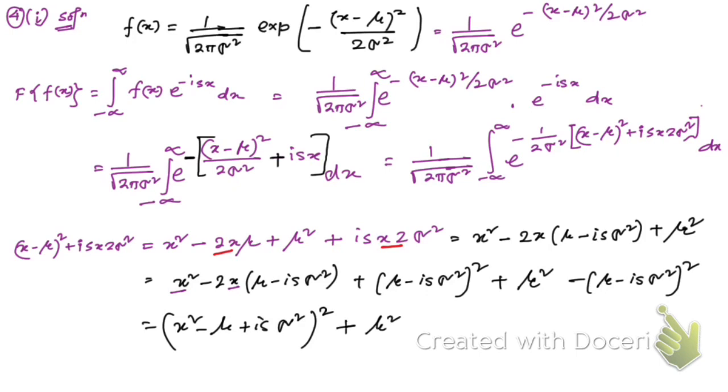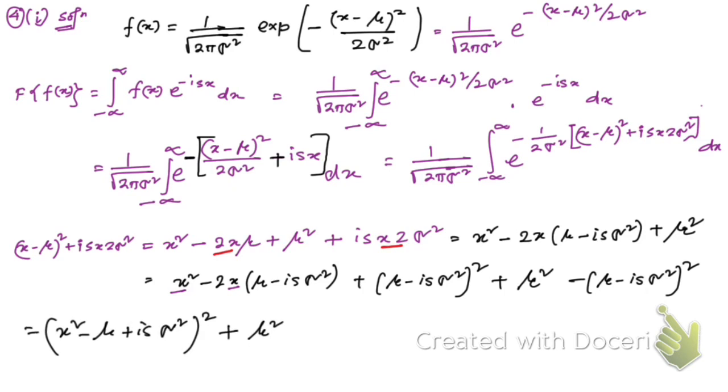mu square. Now again, if you square this one, applying the a minus b whole square formula, then what you're going to have, let me write this one on this side. You're going to have mu square, which is already written here, so there is minus mu square and minus 2 mu iσ², but because there is minus here, this minus is going to be plus here.